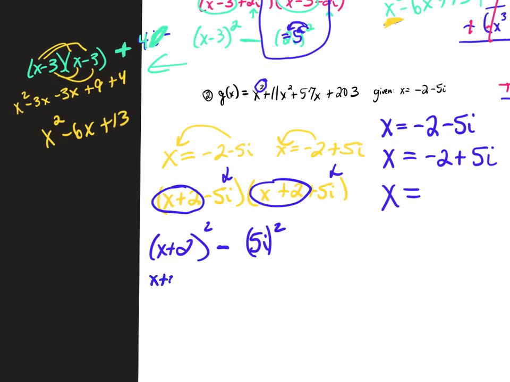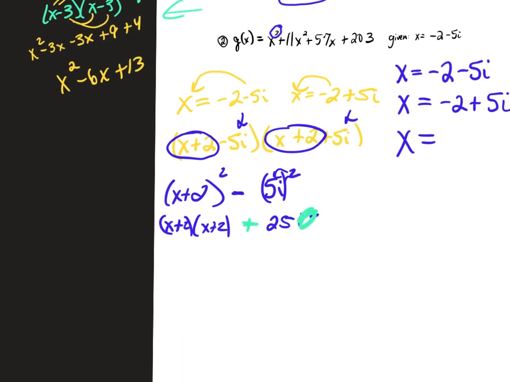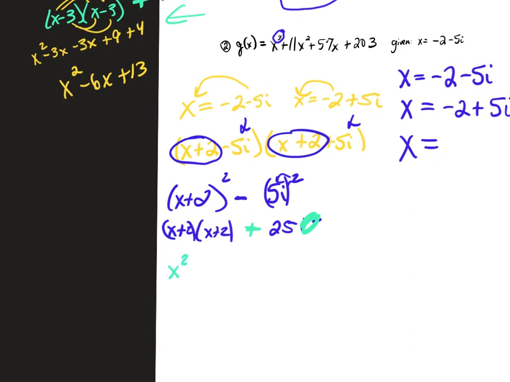So I have x plus 2 times x plus 2 minus, when I distribute this, I get 25i squared. As soon as I see that i squared, I cross it off and put a plus. So if we FOIL this, x times x is x squared, x times 2 is 2x, plus 2x, plus 4, plus 25.